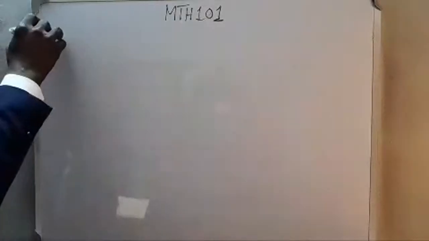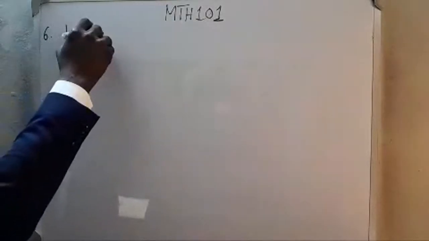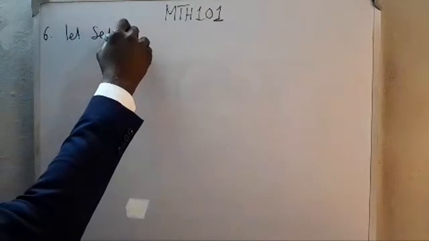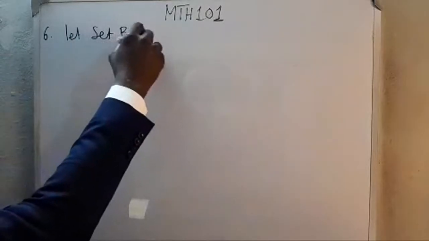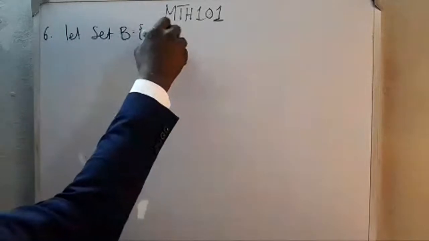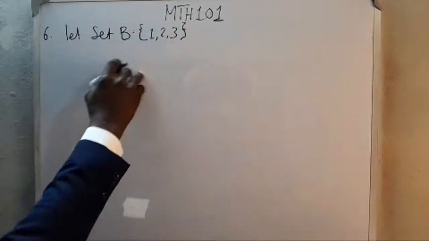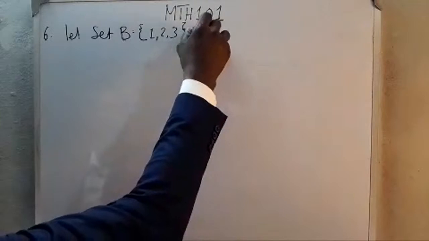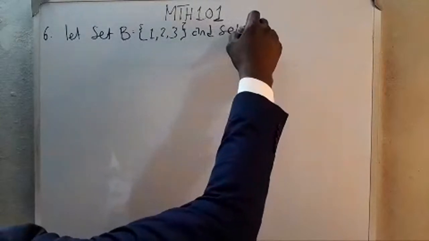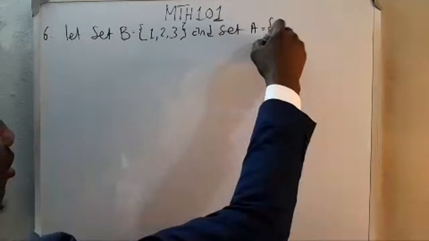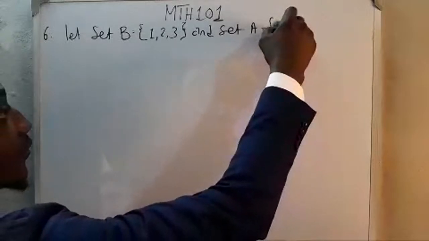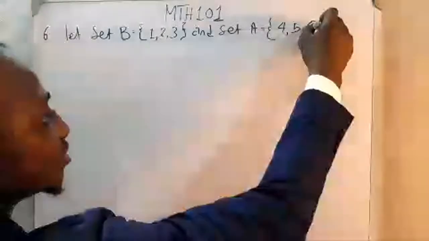It says, let set B equal 1, 2, 3, and set A equal 4, 5, 6.